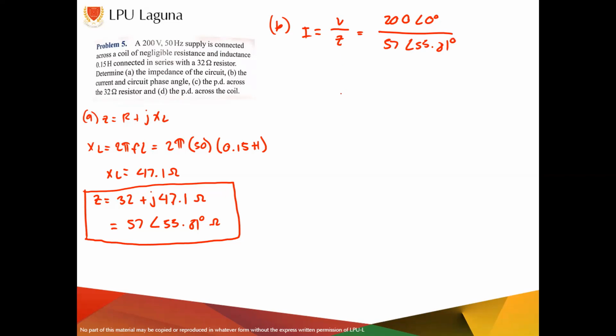So, I is equals to 3.51 bar angle negative 55.81 degrees ampere.